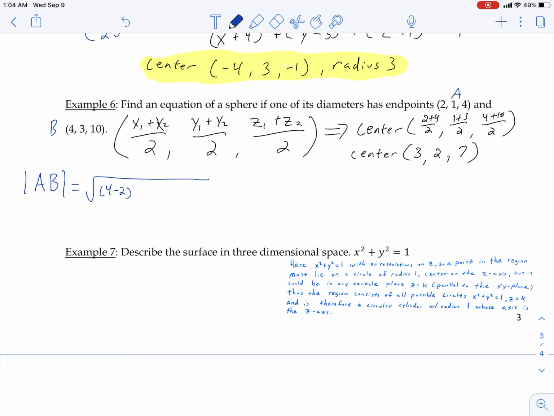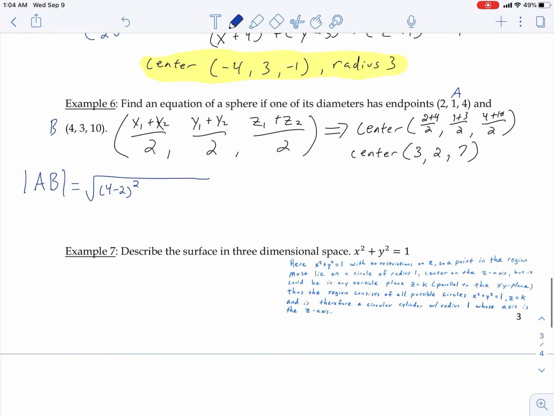Again, it's not going to matter just as long as you keep the order the same. So 4 minus 2 squared plus 3 minus 1 squared plus 10 minus 4 squared.